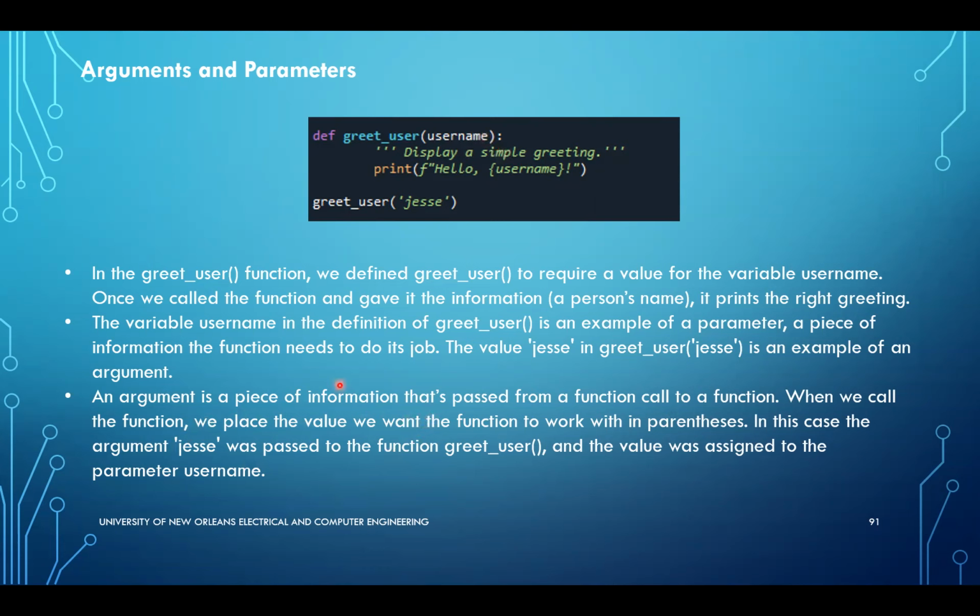In this case, the argument Jesse is passed to the function, and the value is assigned to the parameter username. So the argument is assigned to the parameter. It's just a separation of definition between these two values, parameter and argument.